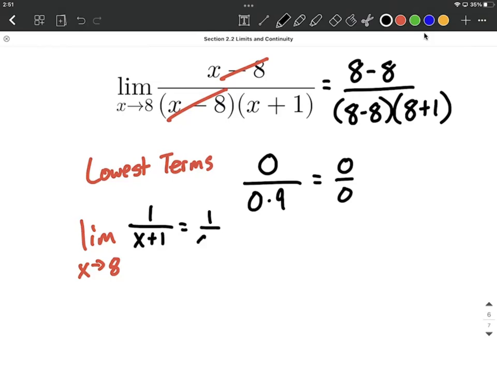We get 1 over 8 plus 1 makes 1/9, and this limit is going to equal 1/9. So what you want to look for are: do any factoring if necessary, reduce it to lowest terms, and then evaluate by replacing each of the x's that remain with the x value you're approaching.